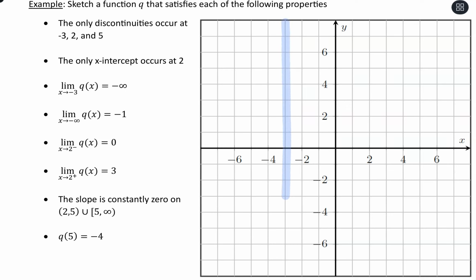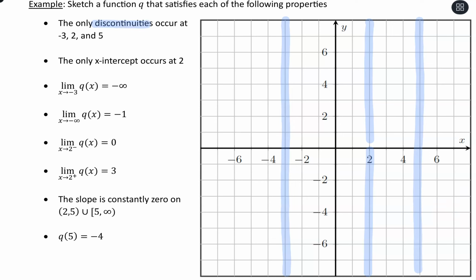So I'm either going to have a hole or a jump, or maybe a vertical asymptote. There's some possibilities. So -3, +2, and +5. Okay, so something's going to happen there in terms of discontinuities.